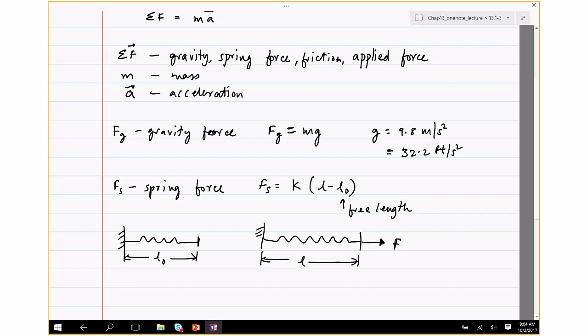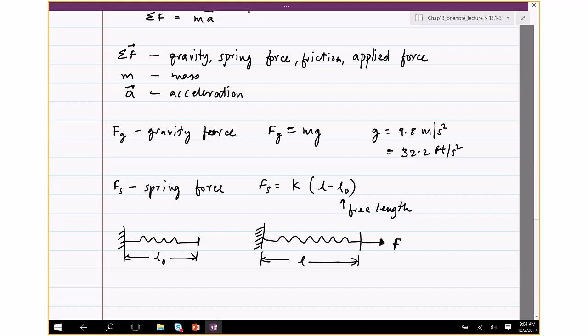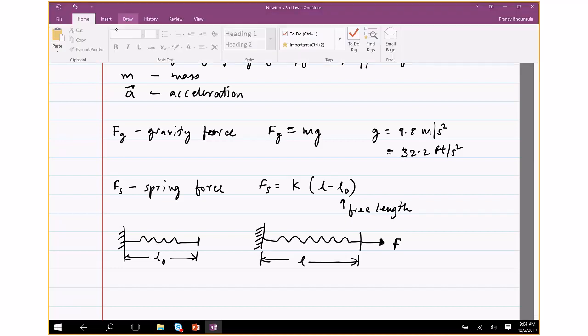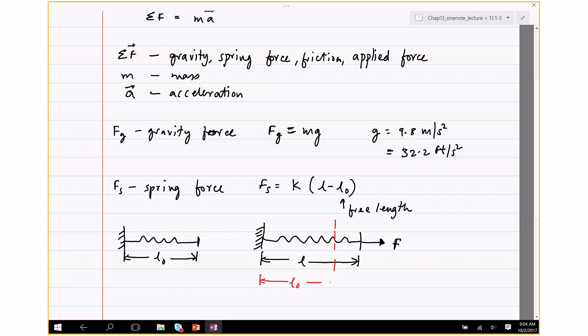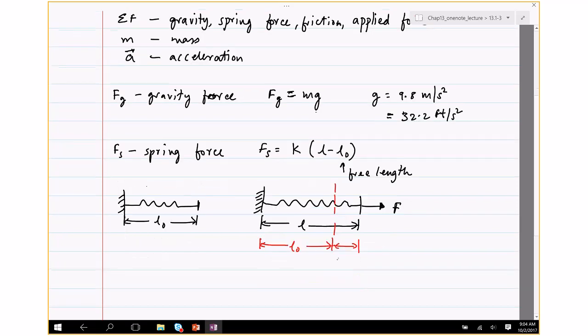So there's a net extension that is given by L minus L0. This is the extension, let me call it delta L, which is L minus L0.